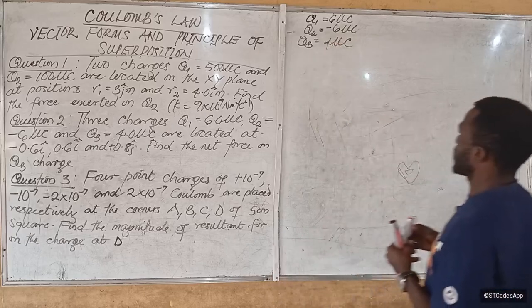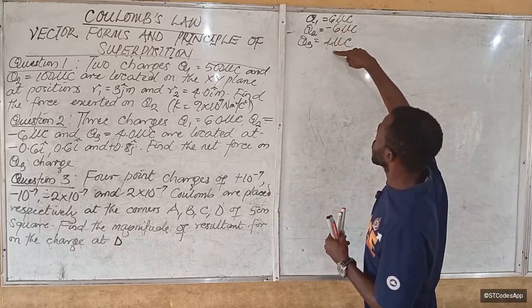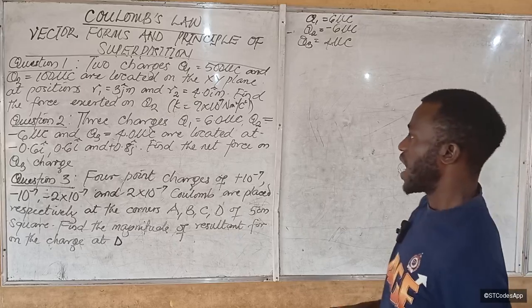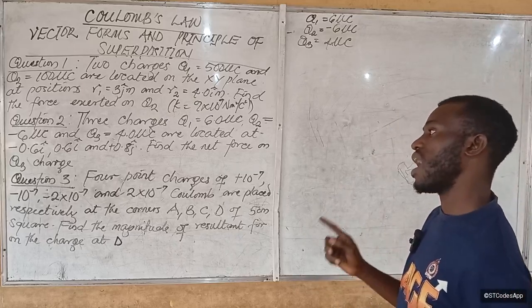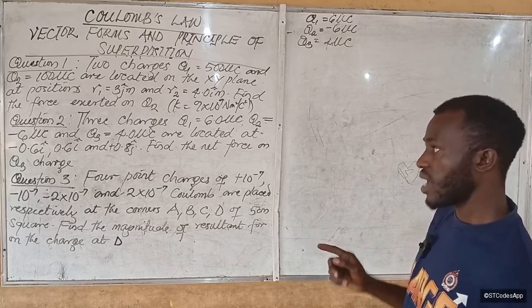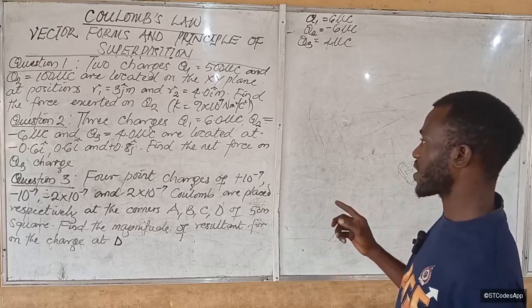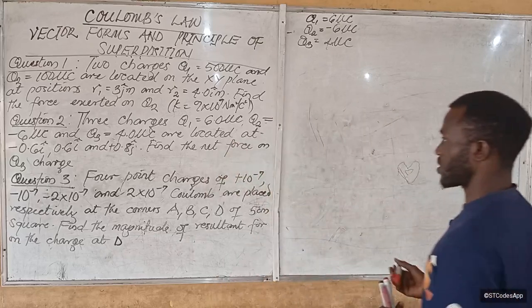It already tells you that between this and this, attraction, between this and this, attraction, between this and this, repulsion. Located at 0.6 i hat, minus 0.6 i hat, and this, respectively.